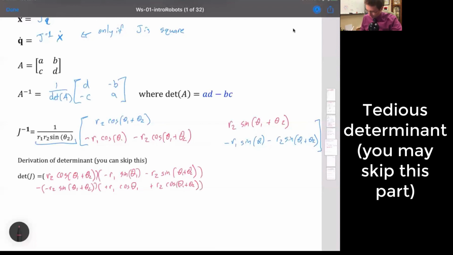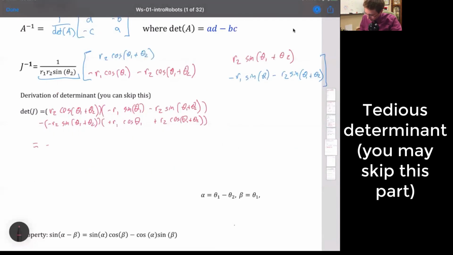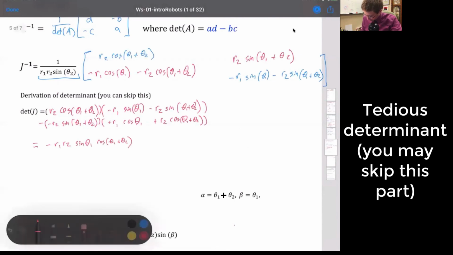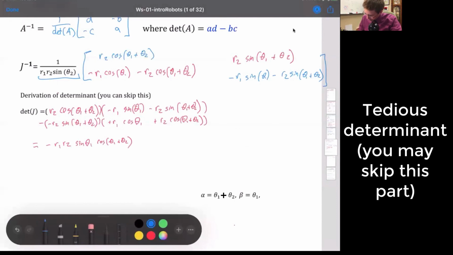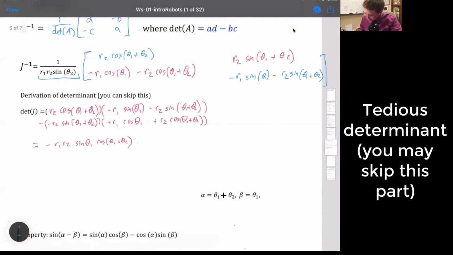And then we need to multiply that out. Negative R1 R2, I'll put the single terms first, sine theta 1, cosine theta 1 plus theta 2. It's my first term. And then this one times the second term, minus R2 squared. This time it's a cosine theta 1 plus theta 2 times the sine of theta 1 plus theta 2.